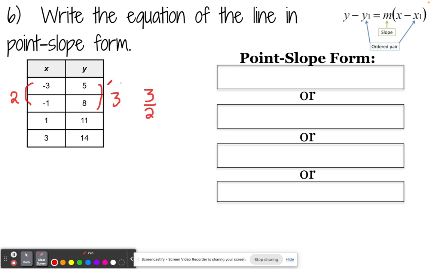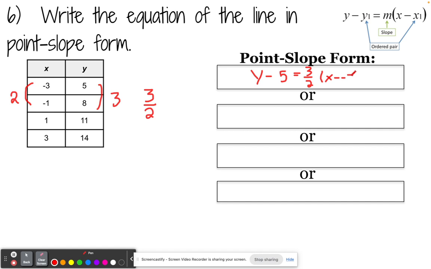So let's look at my first one. Call this y1, x1. So y minus 5 will equal 3/2 x minus negative 3.